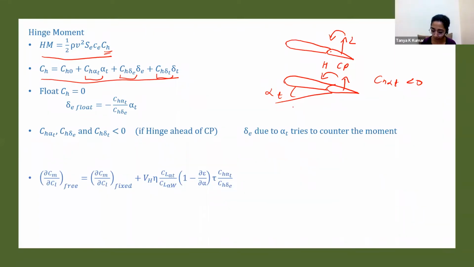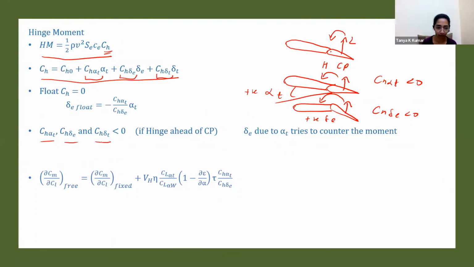Similarly, when you deflect your elevator down, that is delta E positive, the lift again produces a nose down moment about the CG of the aircraft. So this contributes to CH delta E negative. Similarly, CH delta T is also negative. These three quantities are all less than 0.